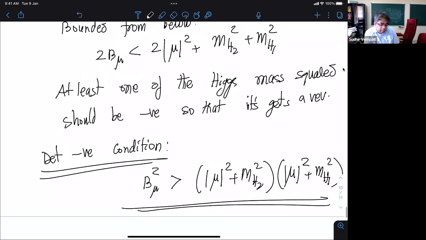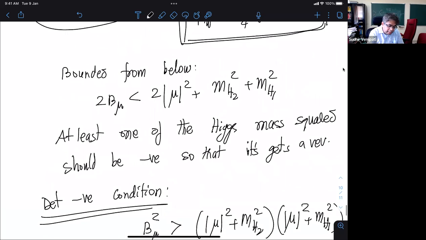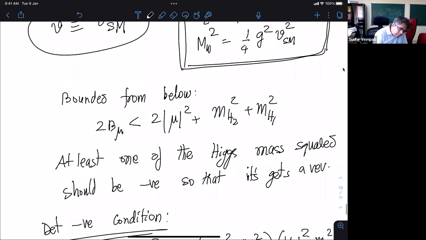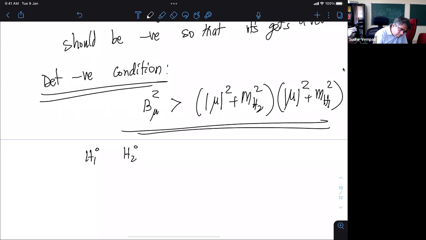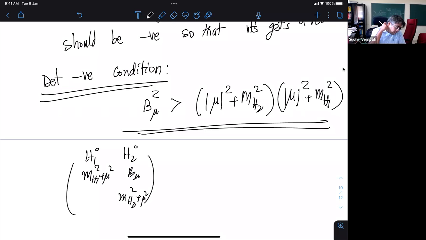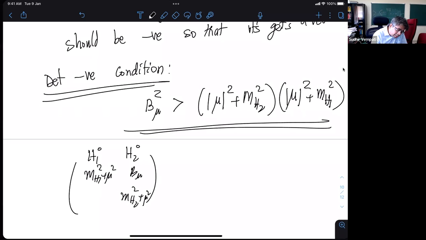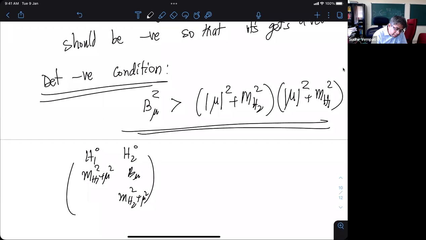So if you write the Higgs mass matrix in h1 0, h2 0 space, you have mh1 square plus mu square, mh2 square plus mu square, and this is your b mu. What you are asking is essentially that the determinant should be negative. The determinant is the product of the diagonals minus b mu square.